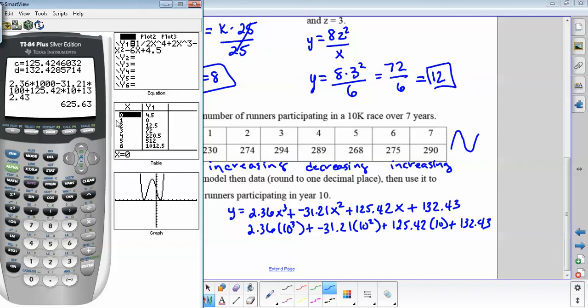Okay, so I'm getting about 625. Okay, so my answer would actually round better to 626 runners.